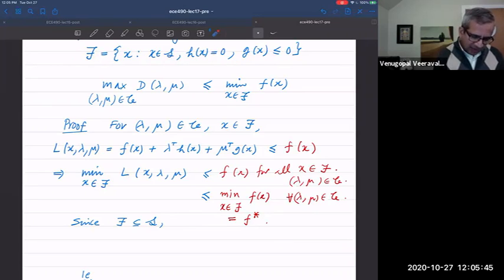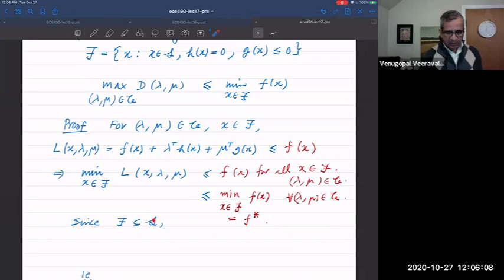So F is a smaller set than the set S. F is contained in S. So now if I look at a minimum over a smaller set, that's going to be larger than the minimum over a larger set.